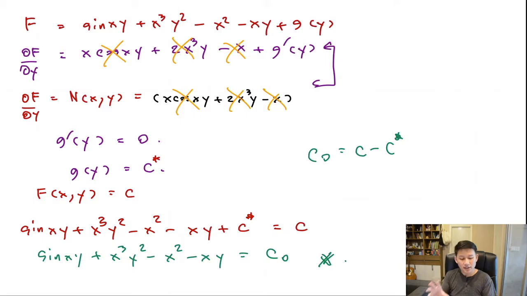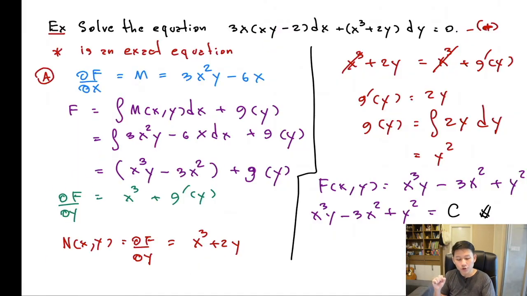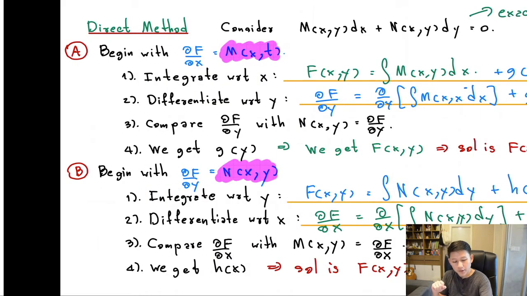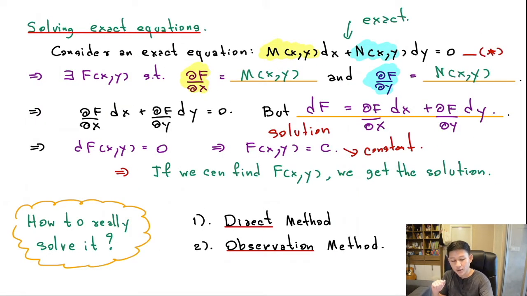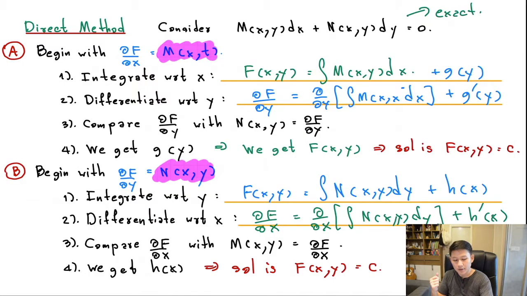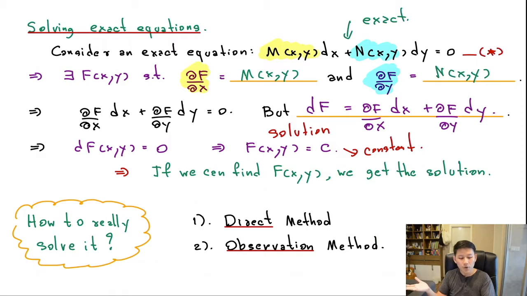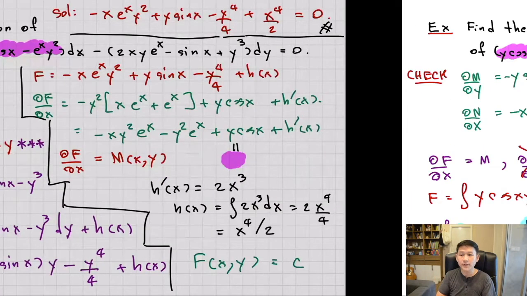So just to sum it up, to this point, we know how to solve the exact equation using the direct method, right? We have two choices depending on which one is easier to integrate, right? So we have two methods, two choices, but we haven't seen the observation method yet. Okay, so now we're gonna look at the observation method.